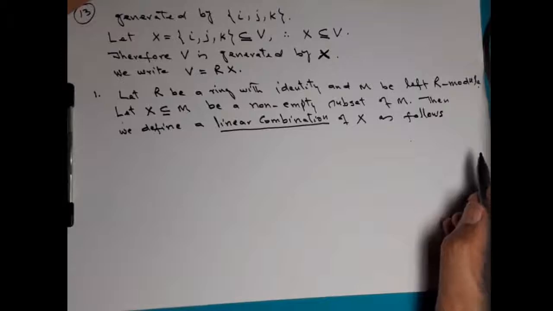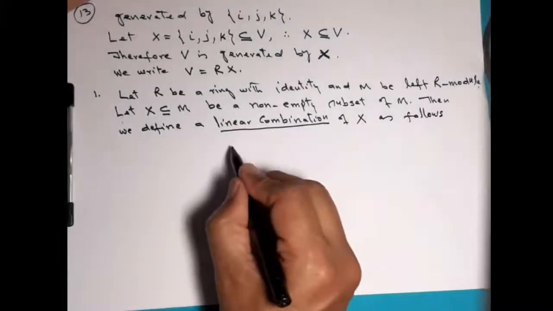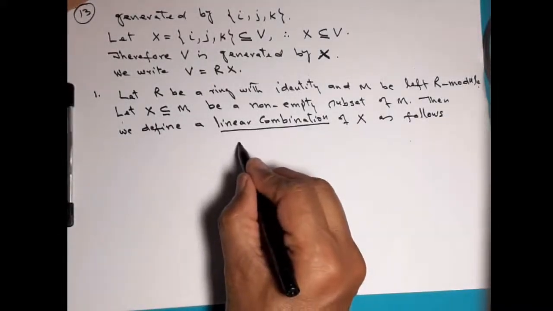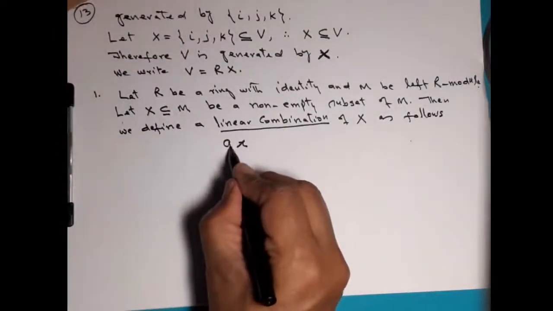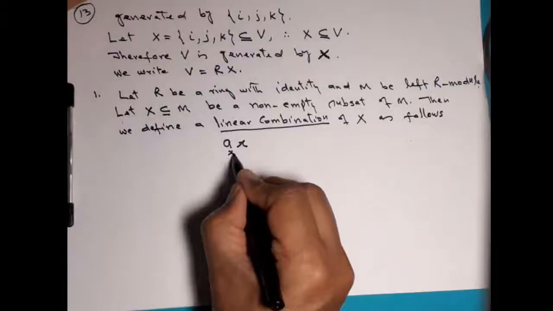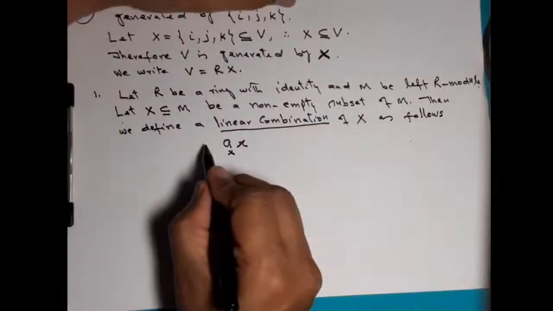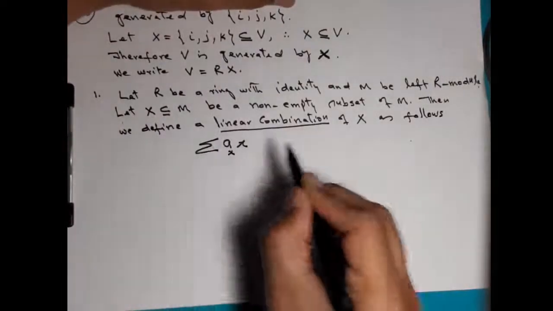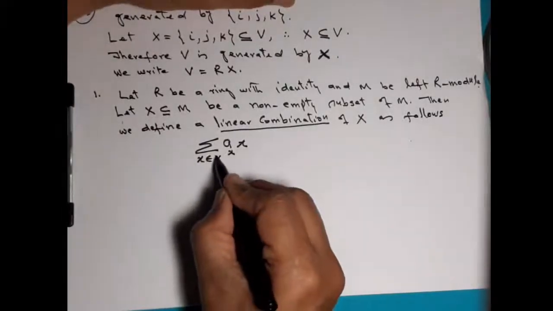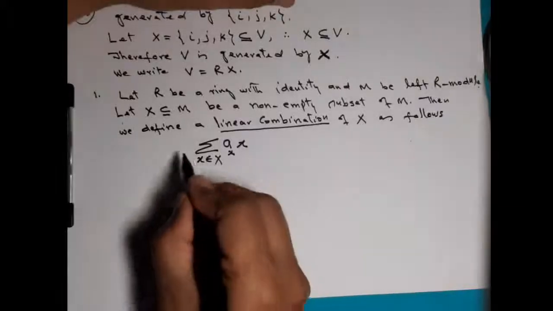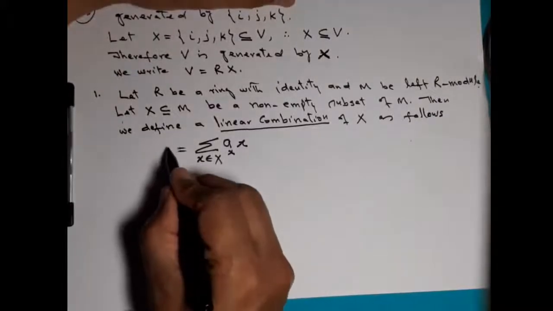What we do is we take each element of X and multiply with an element of the ring R, which we call scalars, and take summation over all the elements of X. Let's call it alpha.